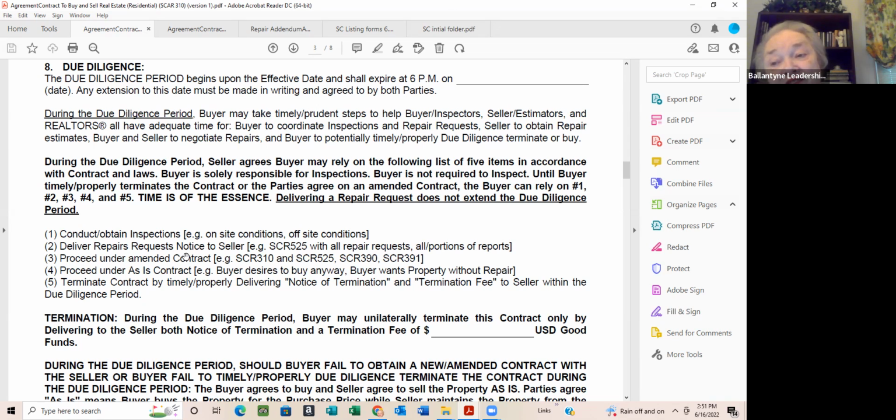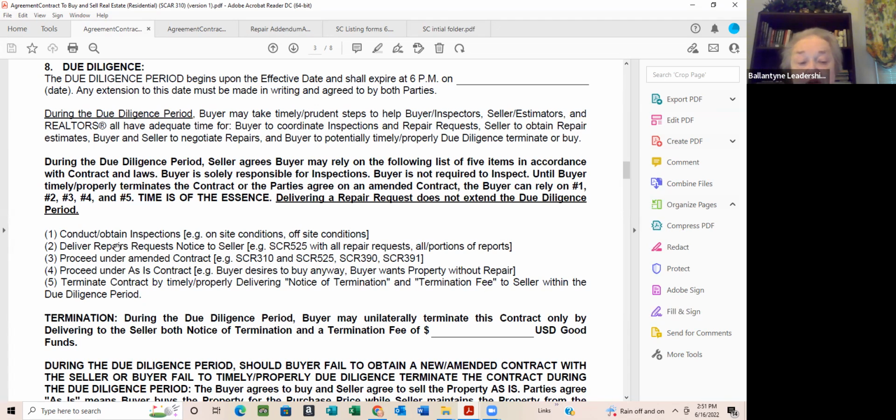In our previous version, there were times that the seller had to pay for inspections to justify a repair or to refute it. But in the strict due diligence contract, all the inspections are up to the buyer to do. The seller is not required to do inspections.